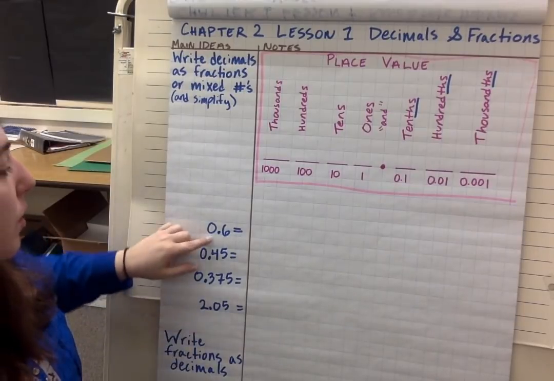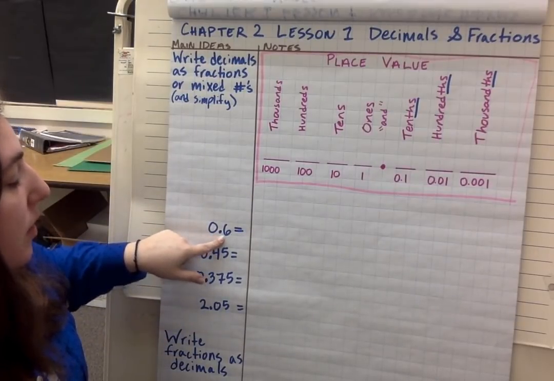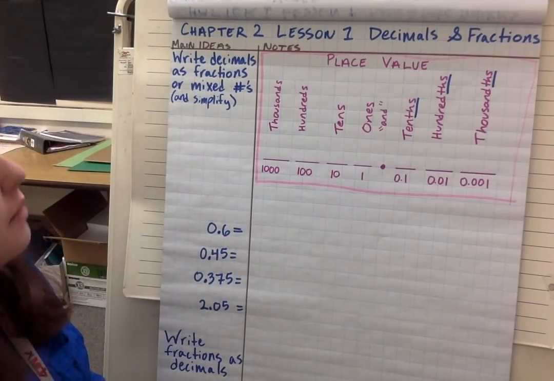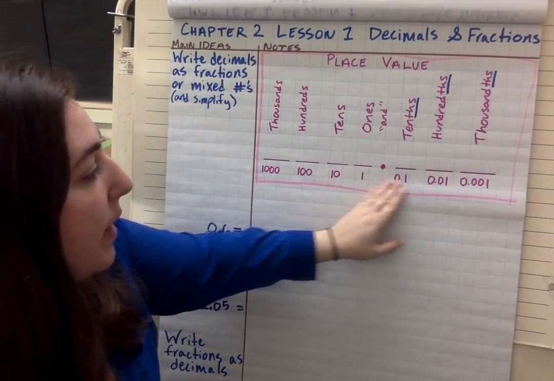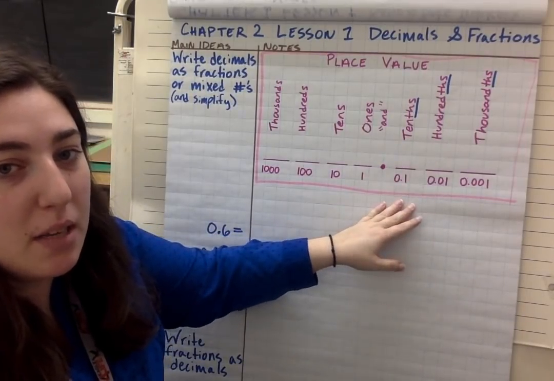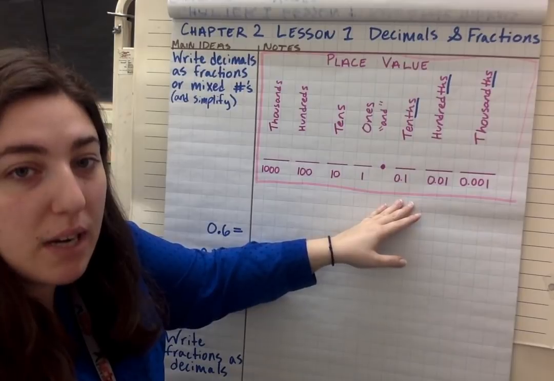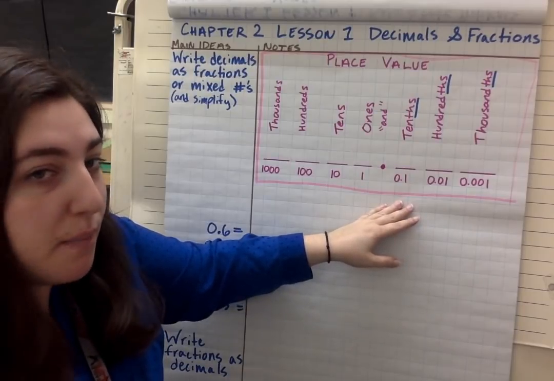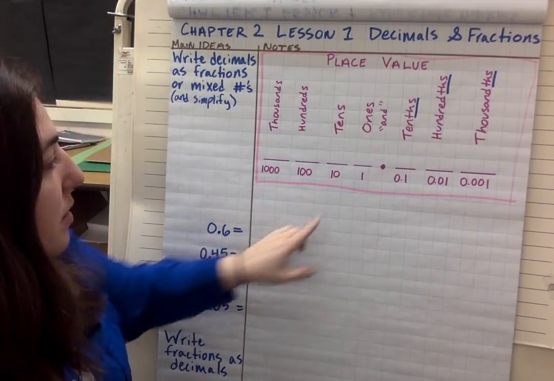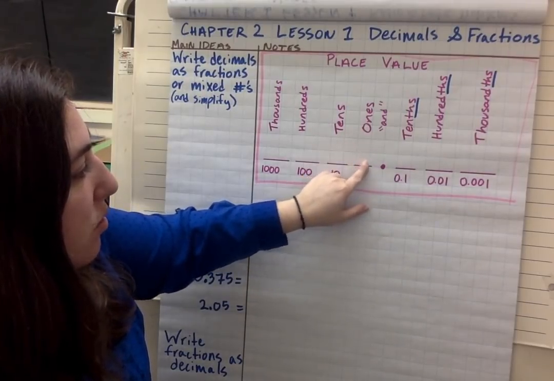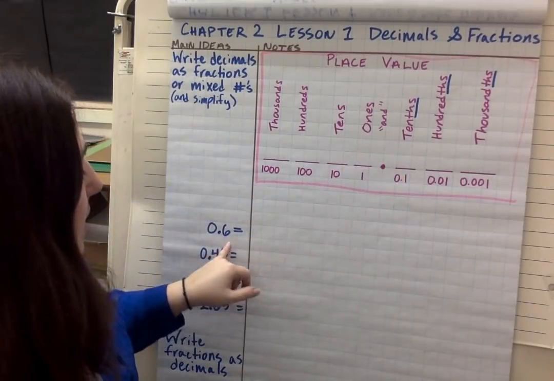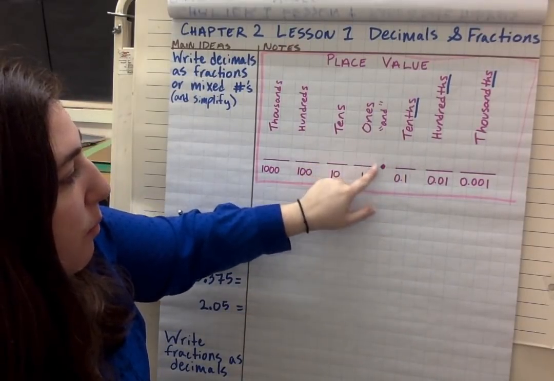Okay, so we want to convert or write 0.6 as a fraction. So first thing I'm going to do is I'm going to write it in here. I'm going to imagine writing it because I can't make too many place values, but you can write it in yours if you want, or just imagine it along with me. So 0.6. I would put the 0 right here in the 1 spot, and the 6 would go in the 10 spot.